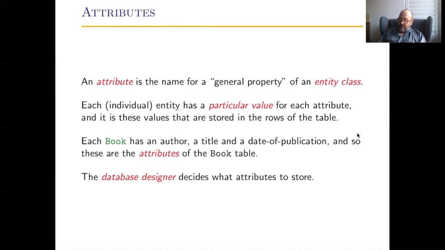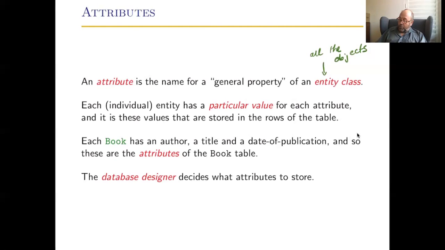An entity class is the real world collection of all of those entities, so all the objects of the same class, of the same type. And an attribute is some common property that they all have. Each individual object has a particular value for each attribute, and that's what we store in the rows of the table.